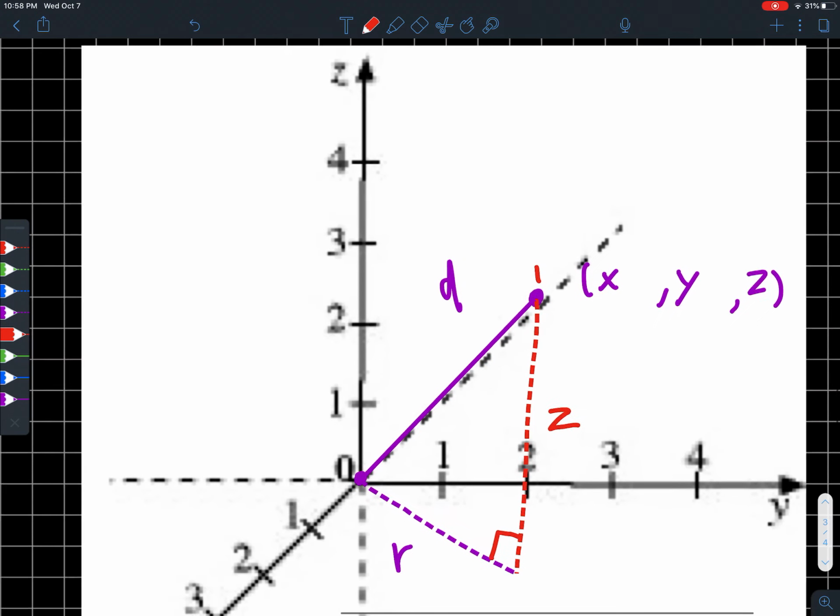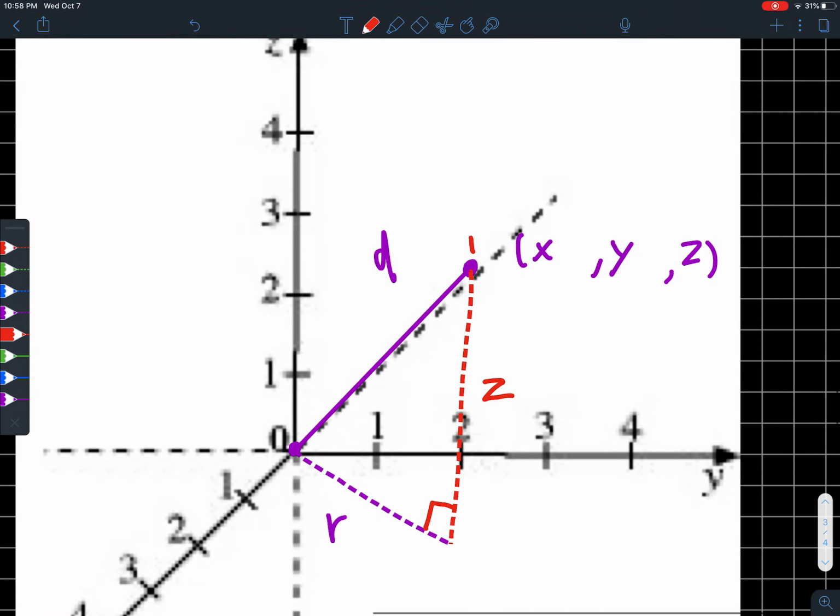And we know that this line is perpendicular to this plane and therefore perpendicular to this line. Because we're defining it to be that way. We're defining this to be parallel with the z-axis.